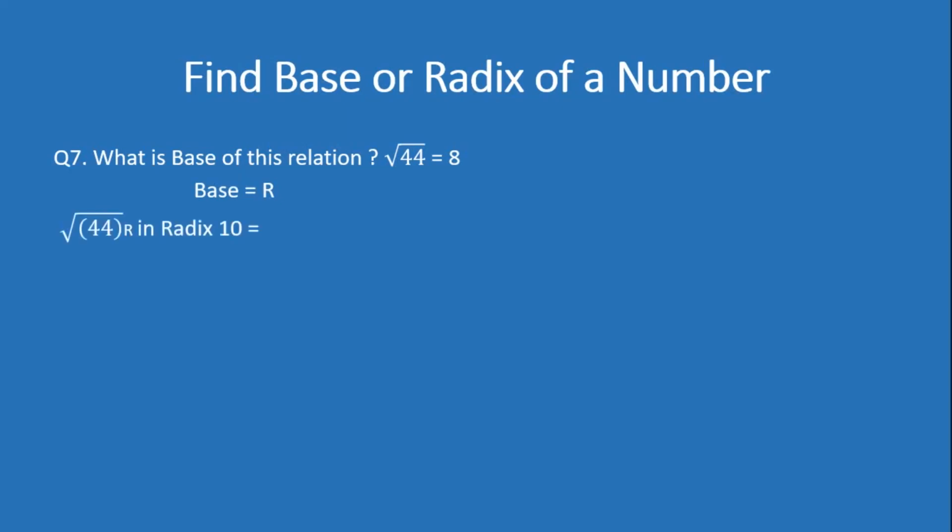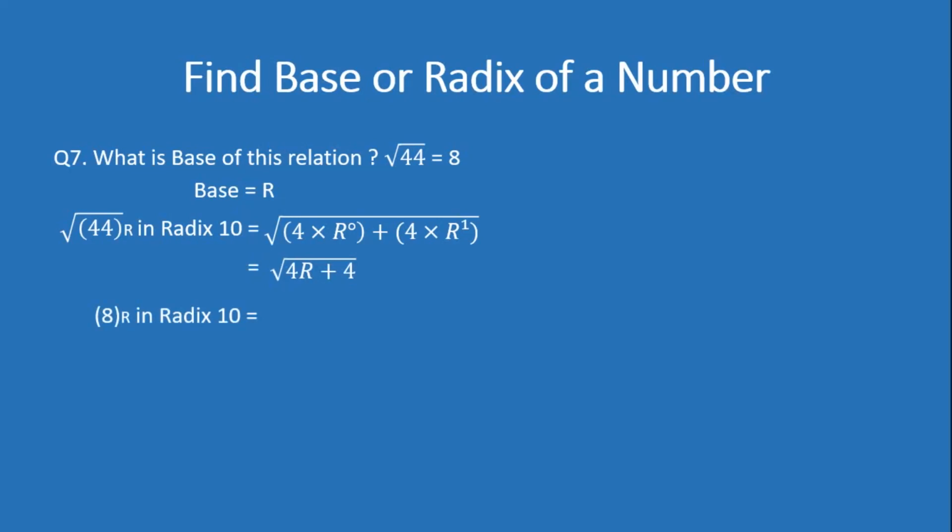So root under 44 in radix 10 equal to root under 4 into r to the power 0 plus 4 into r to the power 1. So that is equal to root under 4r plus 4.